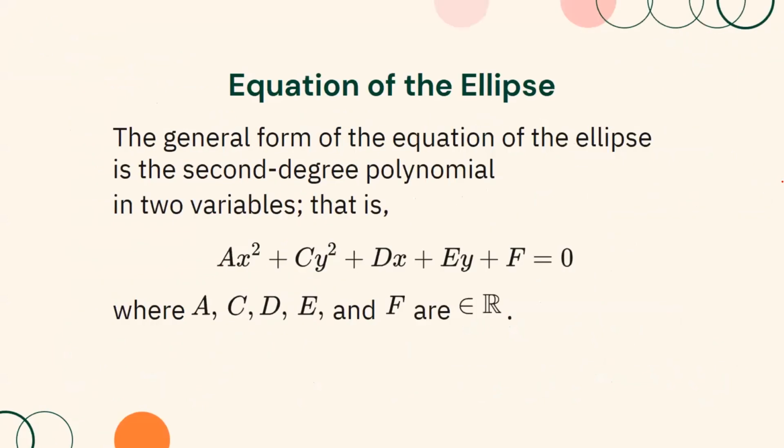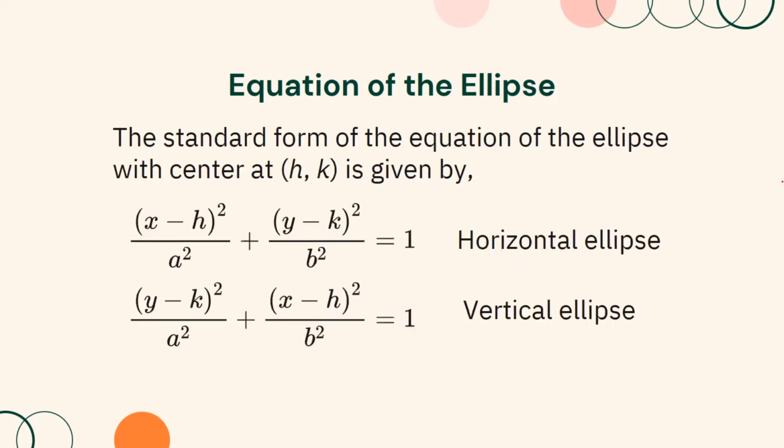Also, we have discussed that the general form of the equation of an ellipse is a second-degree polynomial in two variables, that is, ax² + cy² + dx + ey + f = 0, where a, c, d, e, and f are elements of the real numbers.